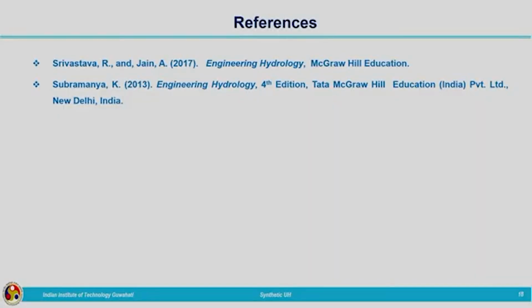Now, corresponding to this topic, more examples and exercise problems can be seen in these textbooks. Try to solve different numerical questions to make the concepts clear. So, here I am winding up the numerical problem solving related to synthetic unit hydrograph. Thank you.